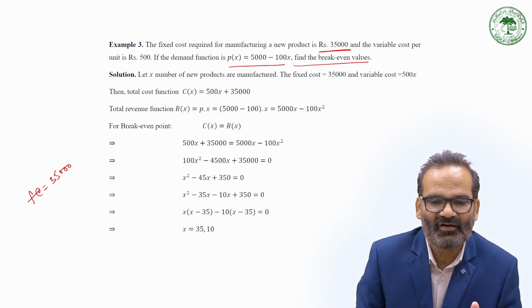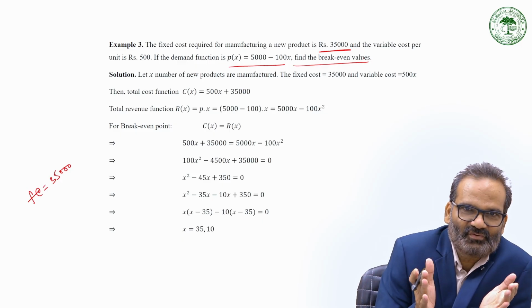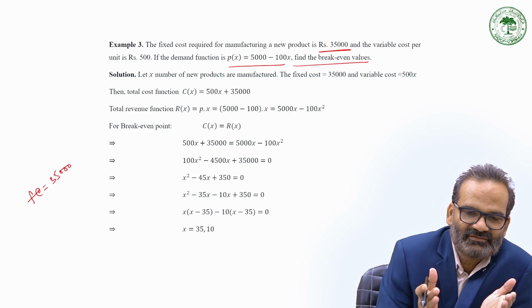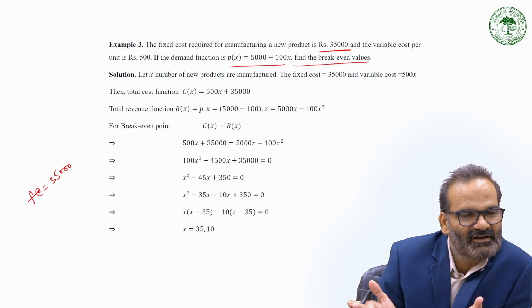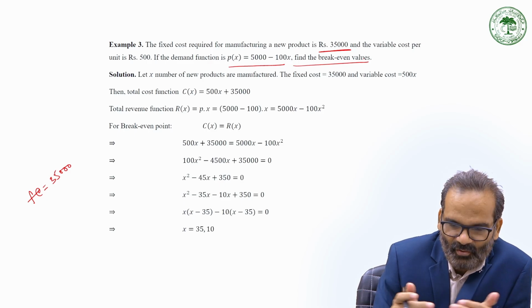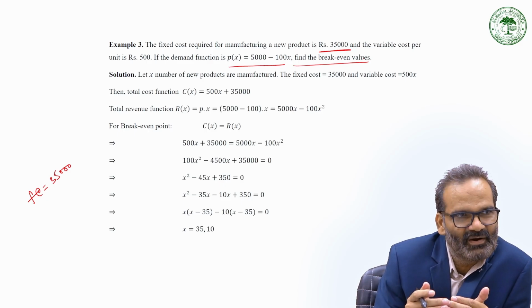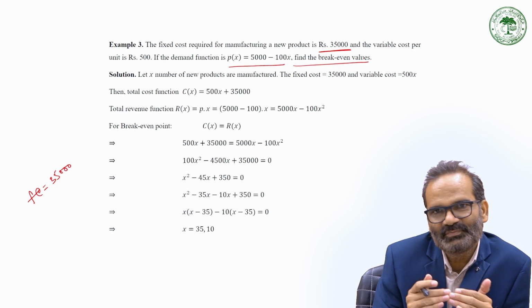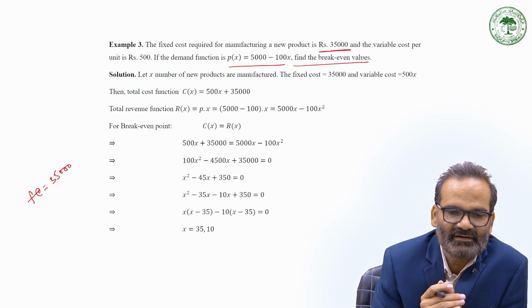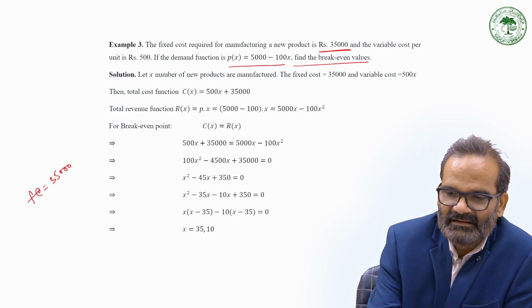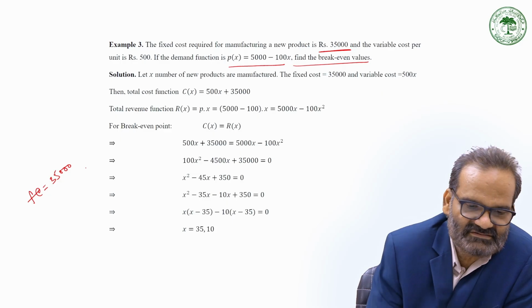So what is our objective? We will determine the total cost function in this question first from the data given, and then we will determine the total revenue function. According to the condition at a break-even point, the total cost function should be equal to the total revenue function. So see, 35,000 is the fixed cost.